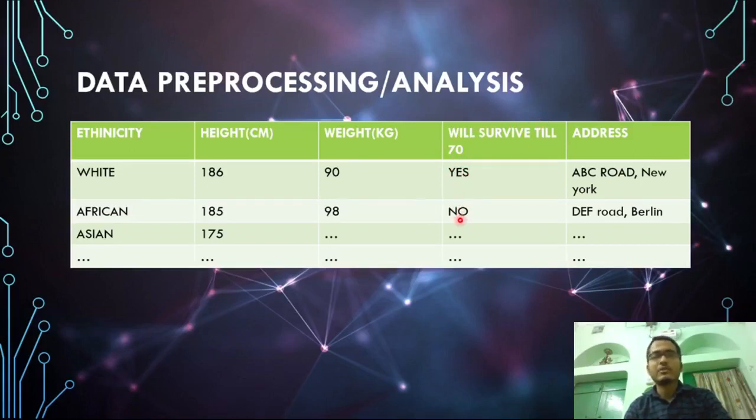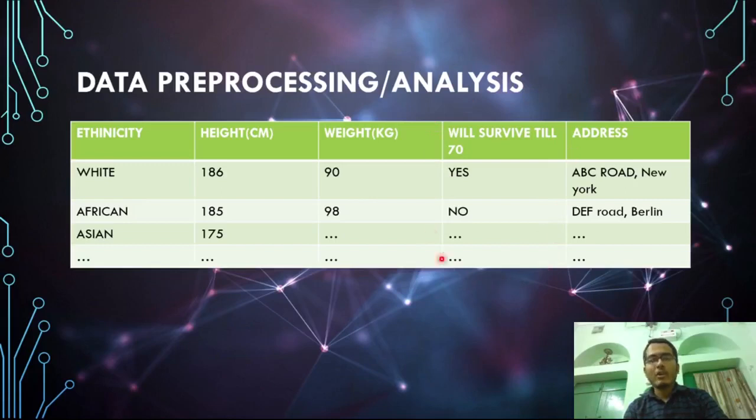The first thing you need to understand is what we are predicting. If you understand that, then you will obviously understand that this column is the column which will be used for testing purposes, right? This column we will need to predict.